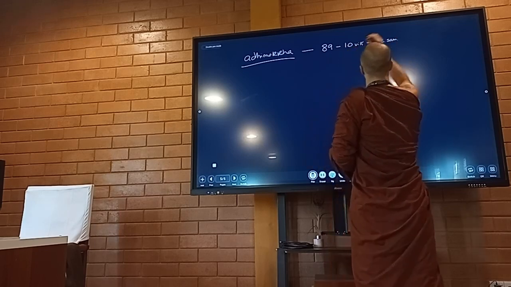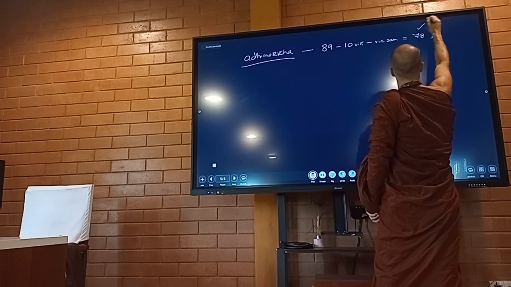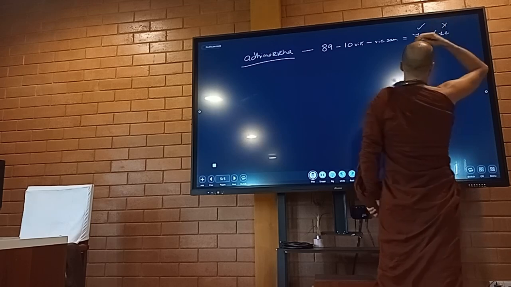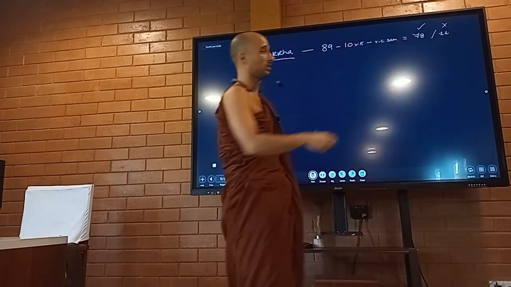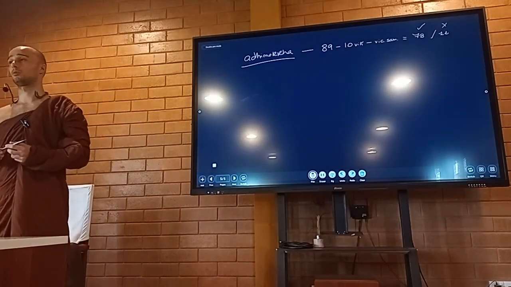So altogether you have 78. In 78 cittas it occurs, and in 11 it does not occur. We don't need to put 121 over there because it's not a jhana factor. It doesn't make any difference in terms of lokuttara.